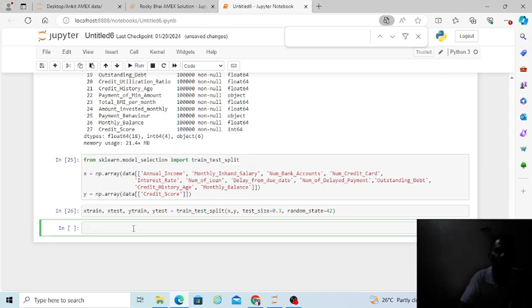Now I will try to run, because this is a classification problem, ensemble techniques have more accuracy in that.